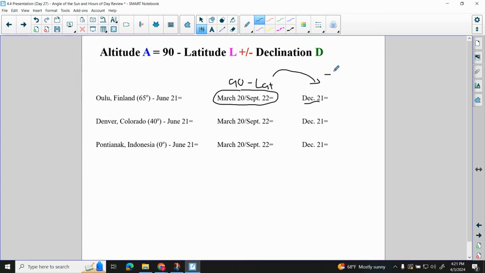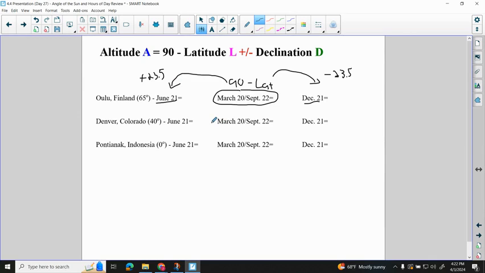So I would subtract 23.5. Coming over here, our first day of summer on June 21st, I would add 23.5 because the direct rays of the sun are north of the equator.